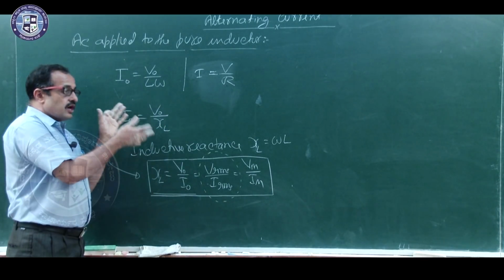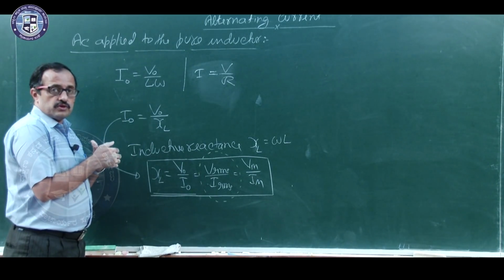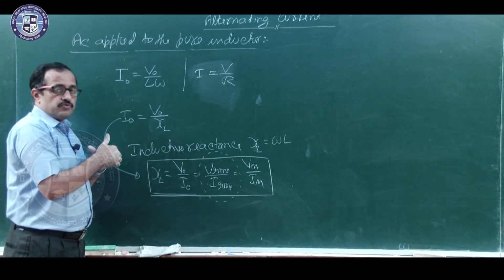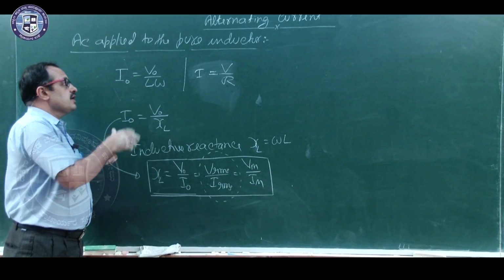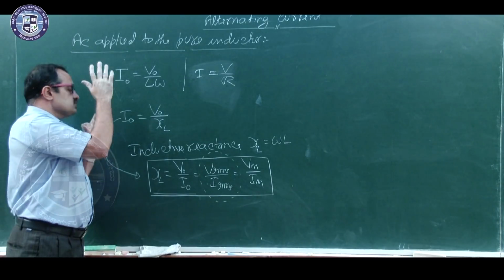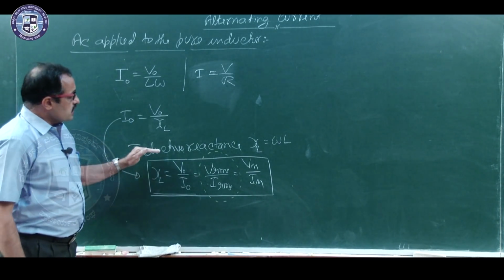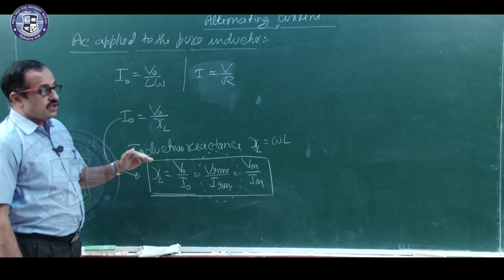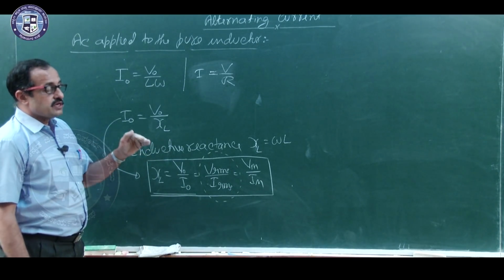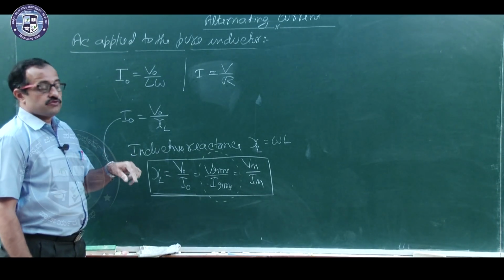But here it opposes, but it never produces heating effect, that we will prove. In the next step you have to study why an inductor cannot produce heating effect. Up to that, just remember this. So, inductive reactance is the opposition offered by the inductor for the flow of AC, and do not use the word resistance, that is wrong.